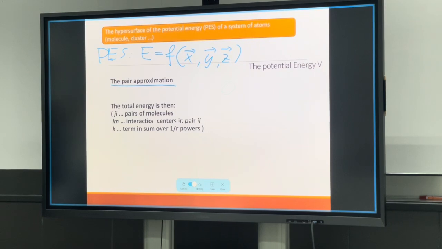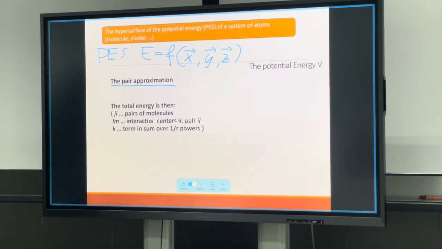It is a very regular function normally. And so you can say, I assemble my energy from pairs of molecules and also pairs of atoms, but for atoms within the same molecule, you need to care about other things as well.